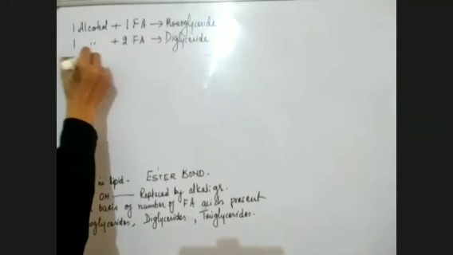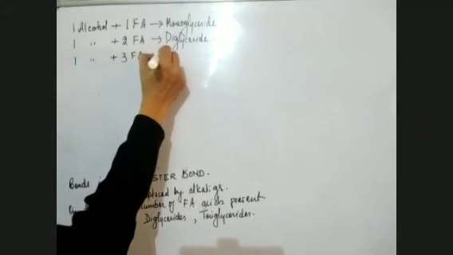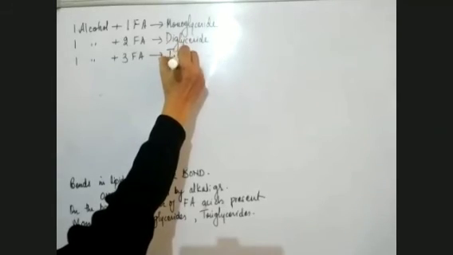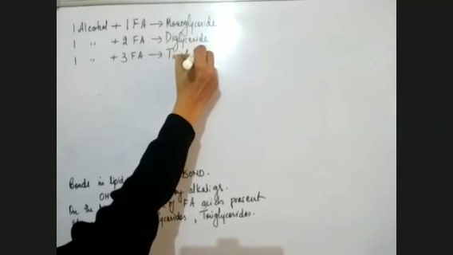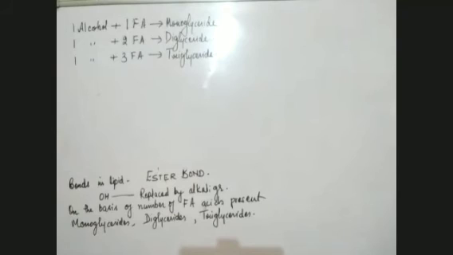If we have one alcohol plus three fatty acids, it is a triglyceride. When one, two, or three fatty acids are present, we call it mono, di, and triglyceride. Now, how does the bond formation take place? This is what I'm going to explain now.